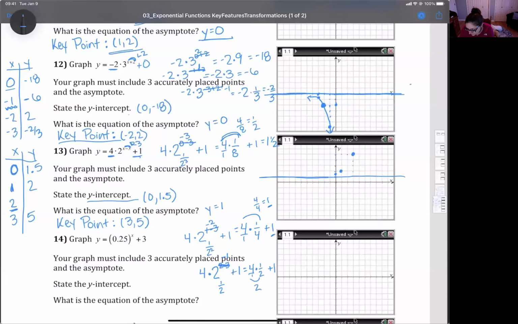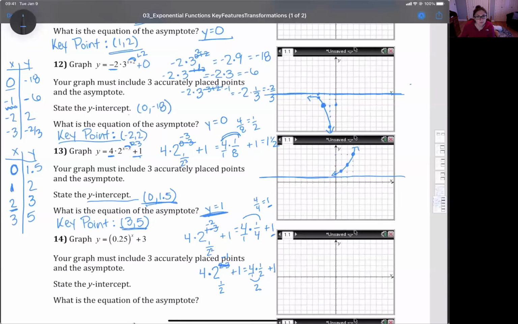So this part's 2. 2 plus 1 gives me 3. There we go. So this one actually I gave 4 points. And I've got the graph of my function. I stated my y-intercept. I stated my key point. I gave the equation of my asymptote. I have my asymptote graphed on my function.